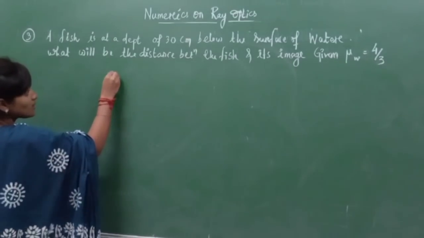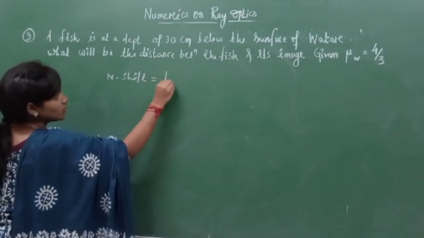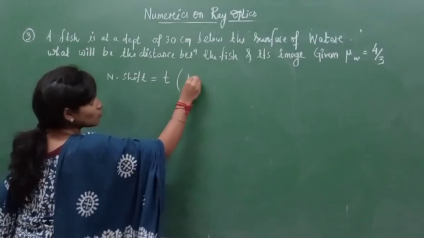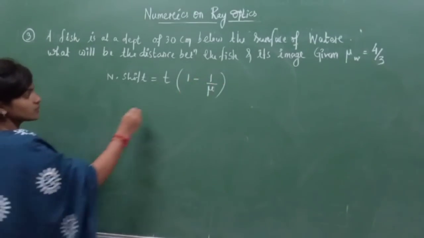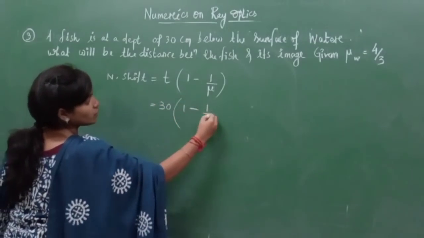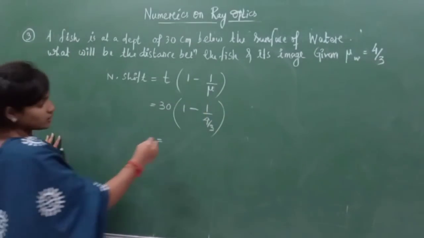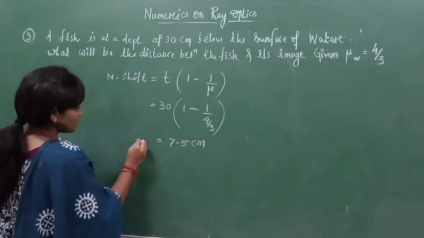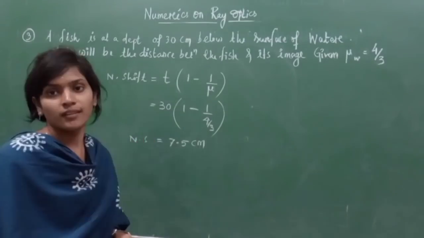The formula for normal shift is thickness of water, or depth of water, into (1 minus 1 by mu). Thickness is 30 centimeters and mu is 4/3. Solving, the result is 7.5 centimeter. This is the normal shift.